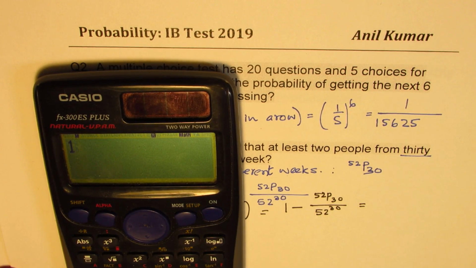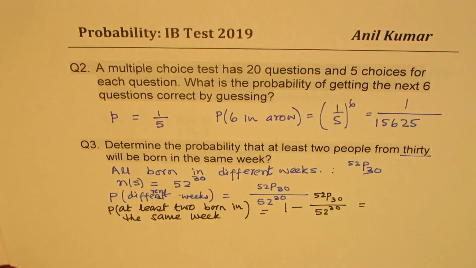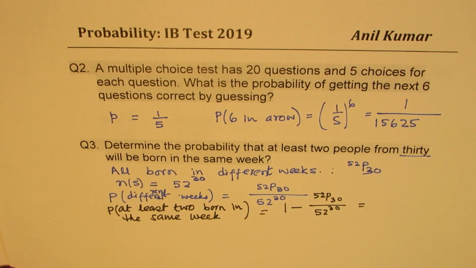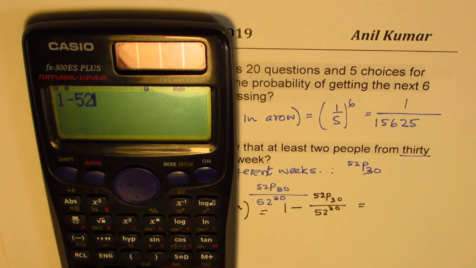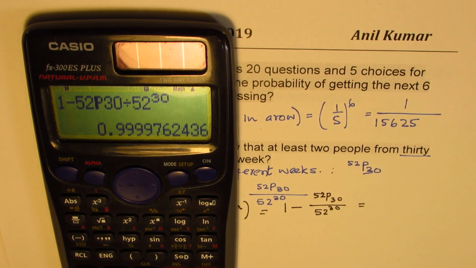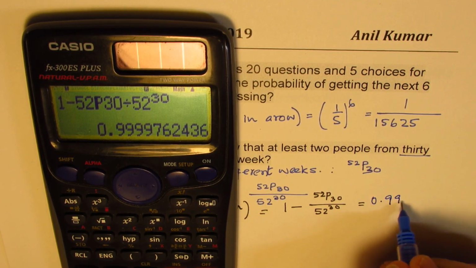We have 1 minus 52p30 divided by 52 to the power of 30, and that gives us 0.99997.